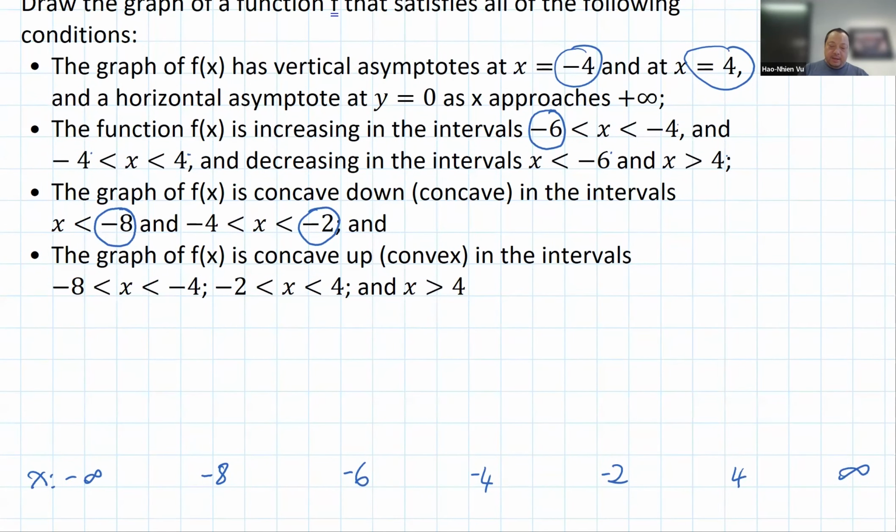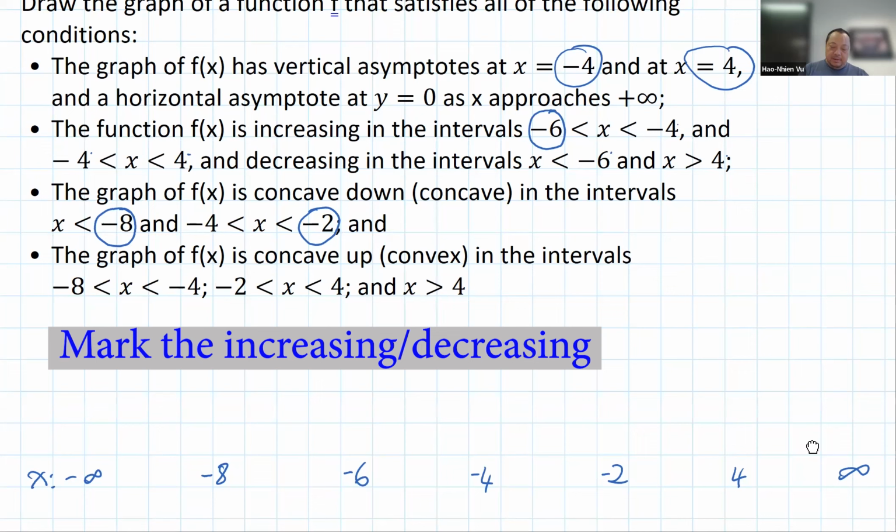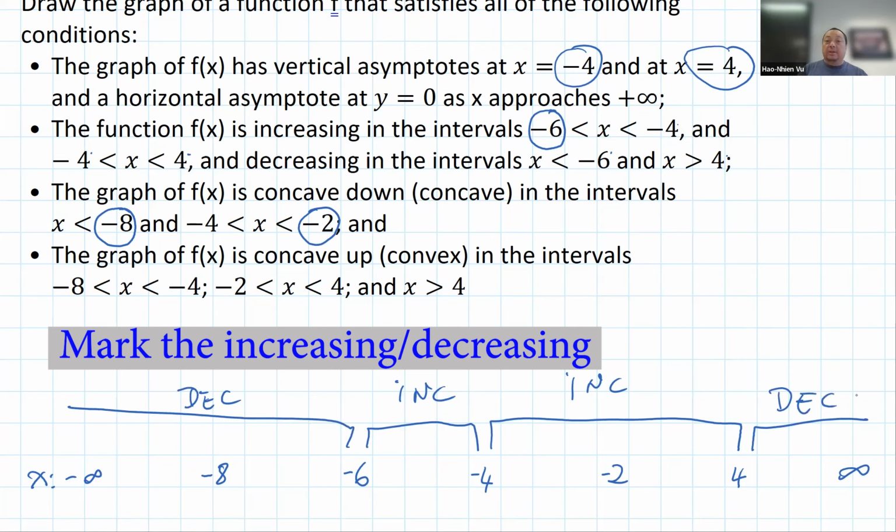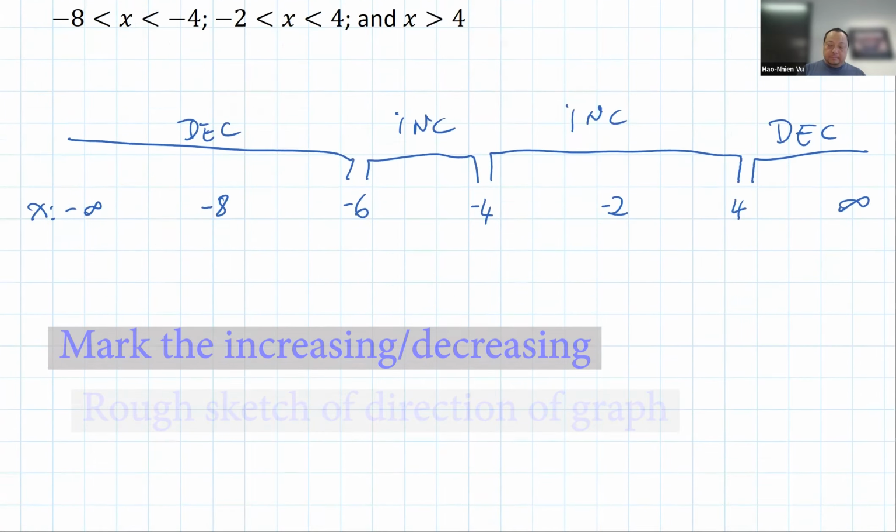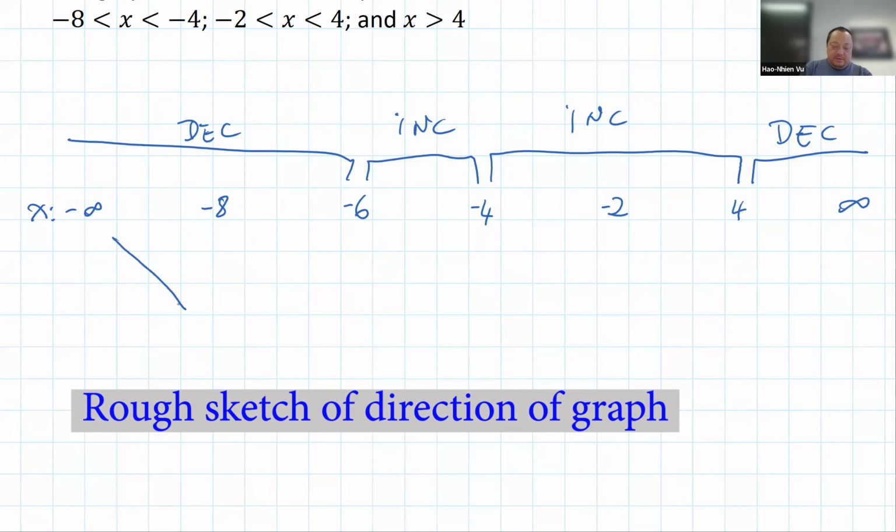First, f is increasing in these intervals, and it's decreasing in those two intervals. So that means it's generally pointing down, generally pointing up, up, up, and down.